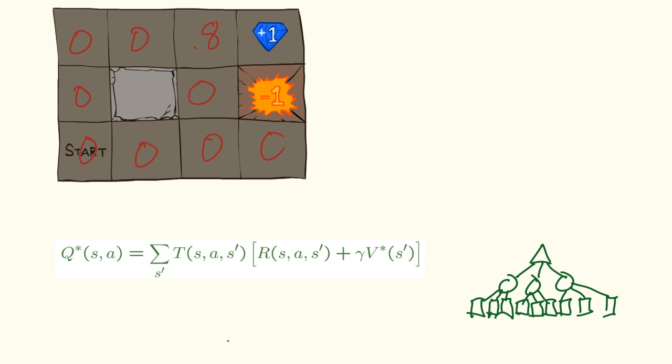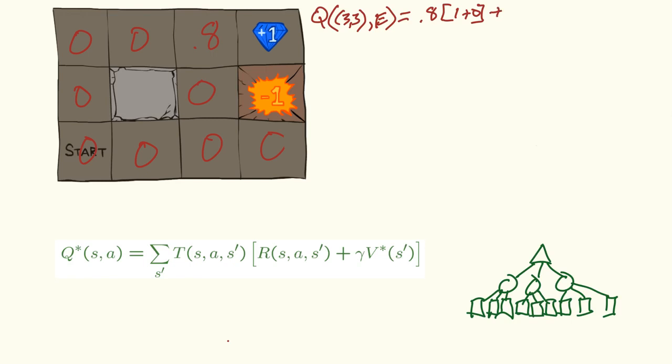And what do we say? We say, well, what's the Q value of 3, 3 going east? And that's 0.8 times 1 plus 0, same as before.